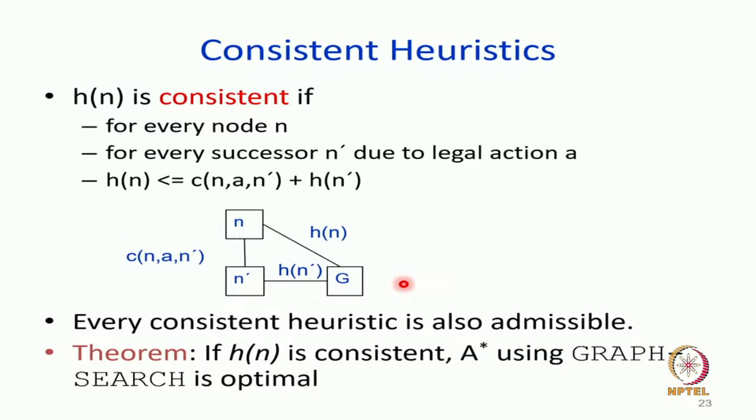Okay. And in fact, you can prove, and I would let you do this as homework, by induction or whatever, that every consistent heuristic is also admissible. And you can also prove that if a heuristic is consistent, then A star using graph search is optimal.